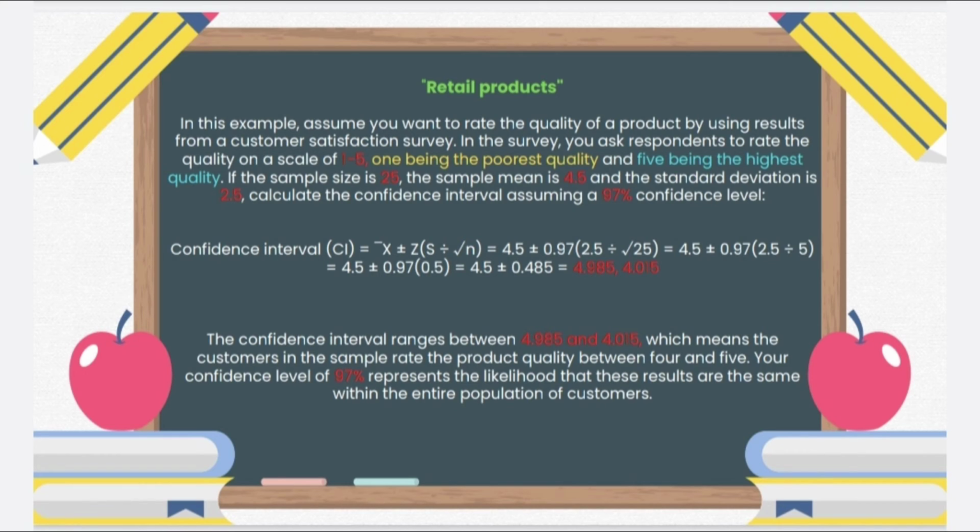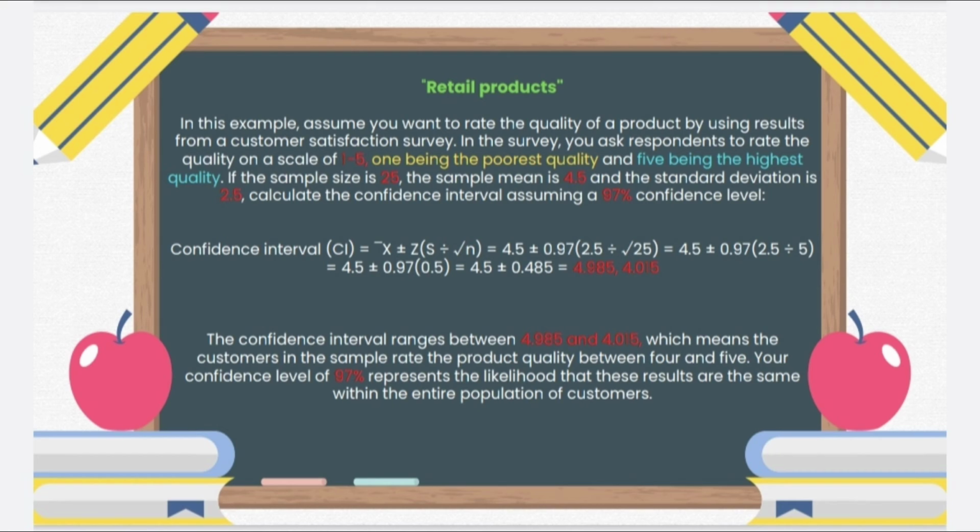Is equal to 4.5 plus or minus 0.485, which is equal to 4.985, the upper bound, and the lower bound is 4.5 minus 0.485 is equal to 4.015. Therefore, the confidence interval ranges between 4.985 and 4.015, which means the customers in the sample rate the product quality between 4 and 5.